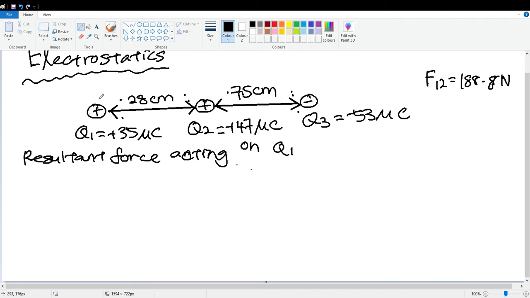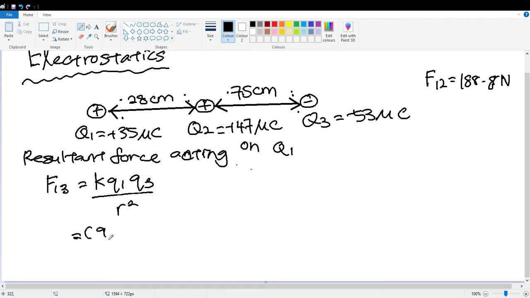So what about the force between Q1 and Q3? What I have here is actually F13. The force between Q1 and Q3 basically is K Q1 Q3 over R squared.